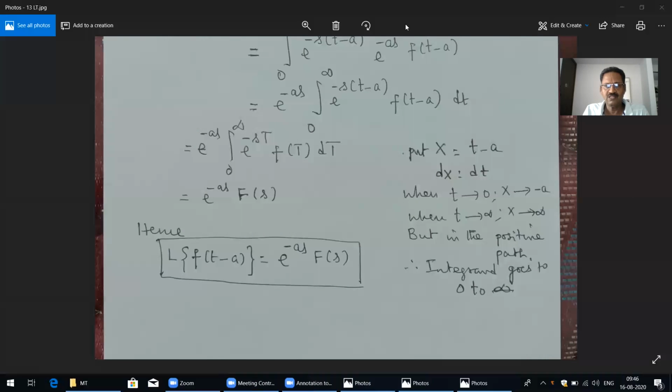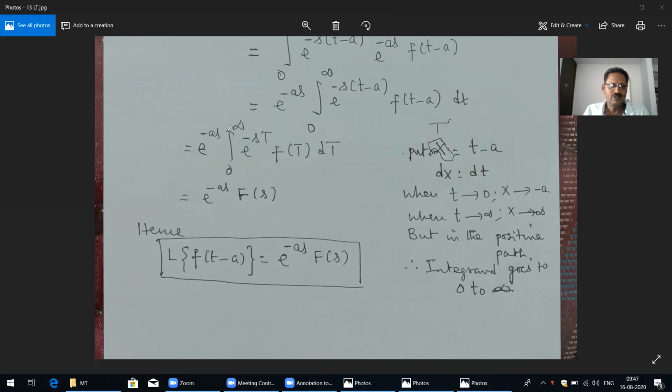Instead of this, take it as capital T. This x is replaced by capital T. So finally we are getting integral from 0 to infinity of e power minus sT f of T into dT.